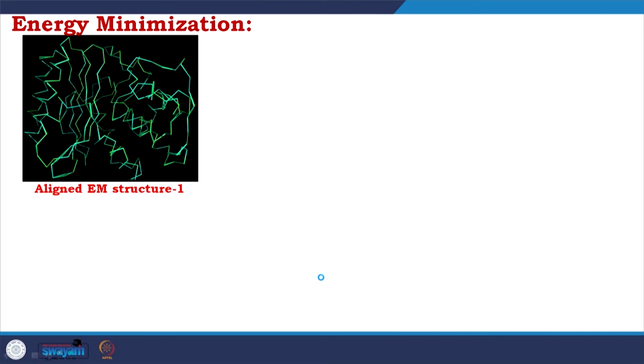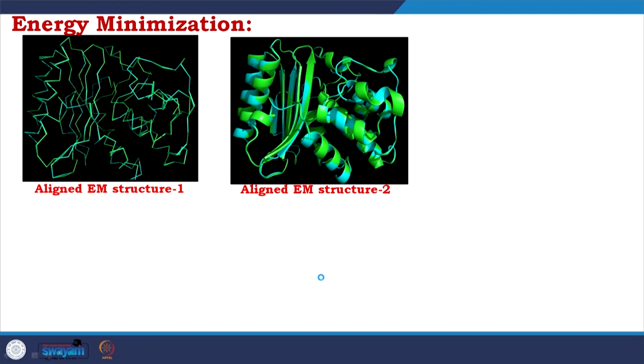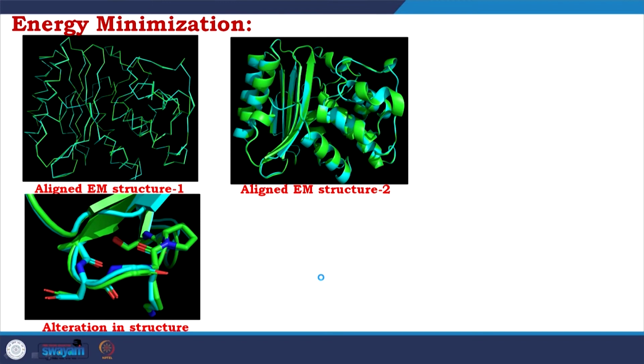Here, what we have done is aligned the energy minimized structure with the initial structure we started with, to look at what the changes are. If you take a zoomed look, you will see that there are changes here.